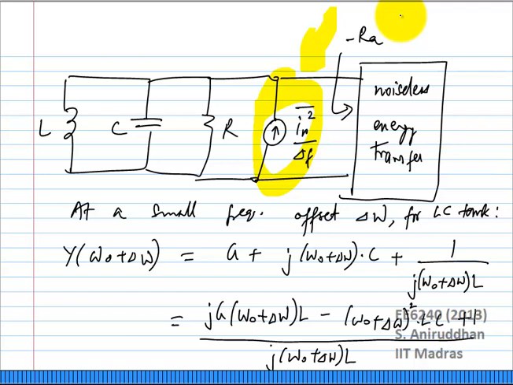That makes it very dangerous, right? So what is the problem here? Let us assume that there is a negative resistance minus RA. We are analyzing the noise in steady state. Okay, so R should be equal to minus RA. Correct? Does that mean this is an ideal LC tank? So there should be no noise at all, right?